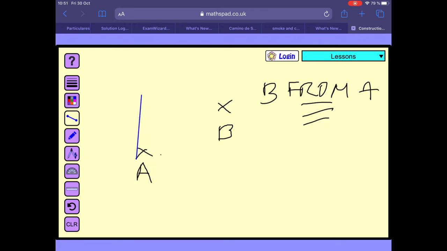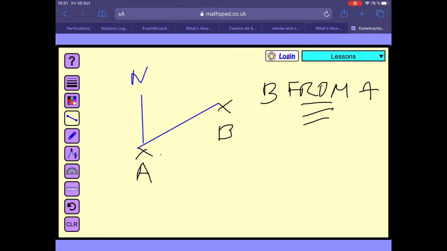North is typically going up. This doesn't want to go straight, but it should be a straight line. That's north. And then I am going to join with a straight line the 2 points that I've got. You can do this a lot clearer and a lot better in your books.